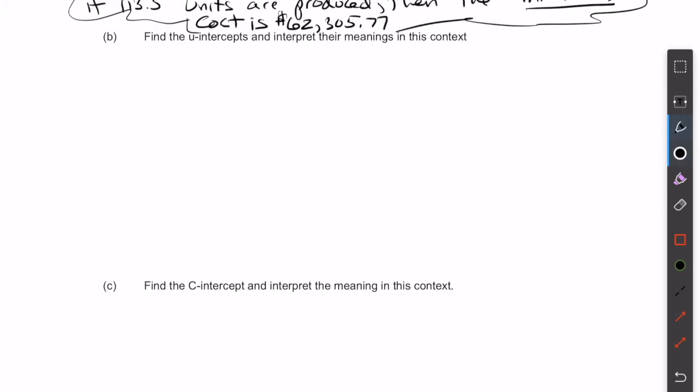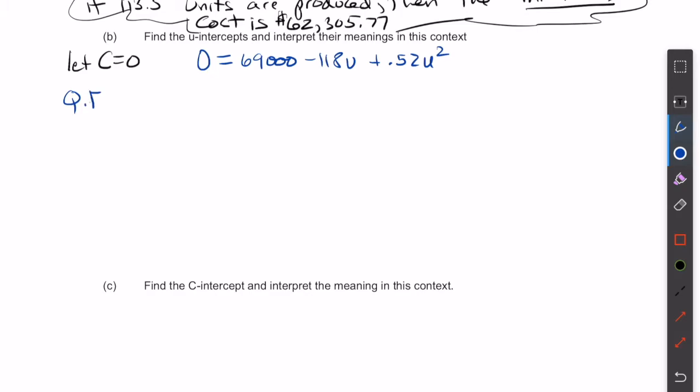So then we want to find the u-intercepts and the c-intercepts to help us graph the function. To find the u-intercepts, you're going to let your c be 0. So plugging 0 into the left side of the function, you have 0 equals 69,000 minus 118u plus 0.52u squared.